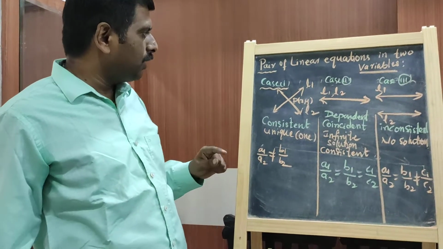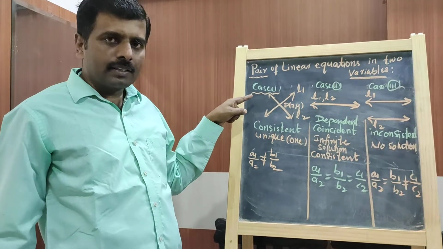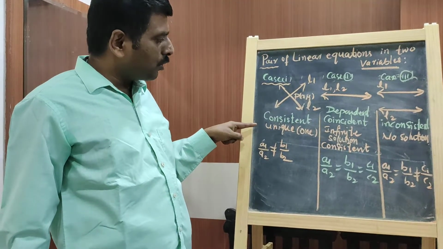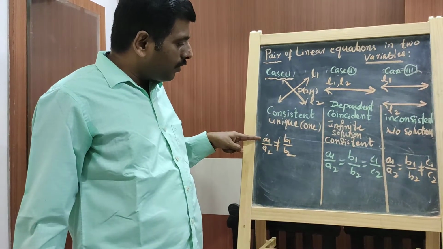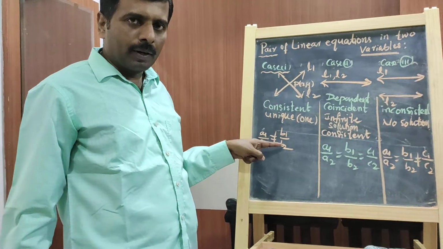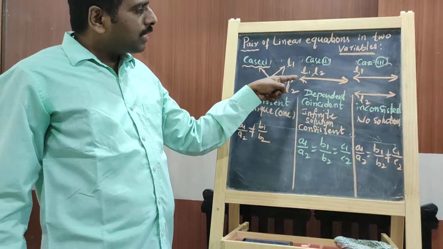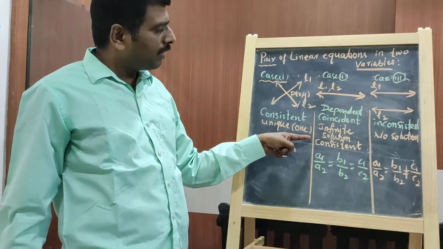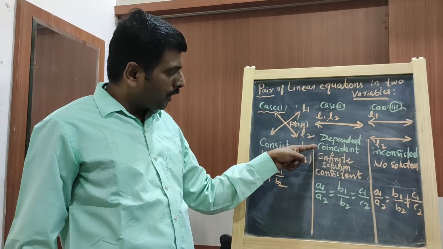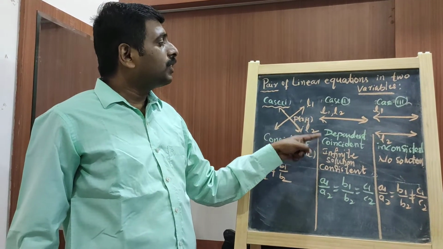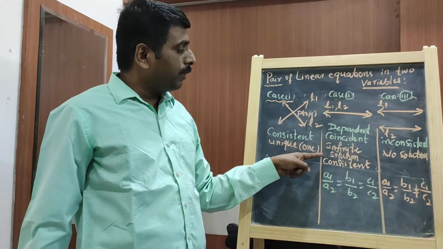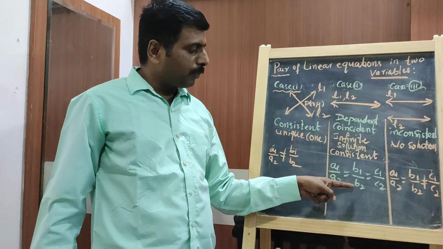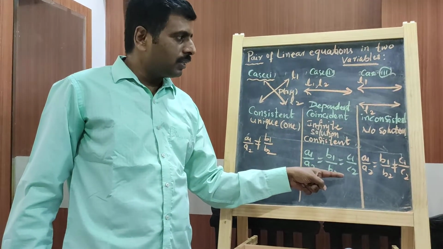Once again: when two lines are intersecting, it is a consistent type of linear equations with a unique solution, and the condition is a1 by a2 is not equal to b1 by b2. When two lines are coincident, they are dependent consistent linear equations with infinitely many solutions, and the condition is a1 by a2 equals b1 by b2 equals c1 by c2.